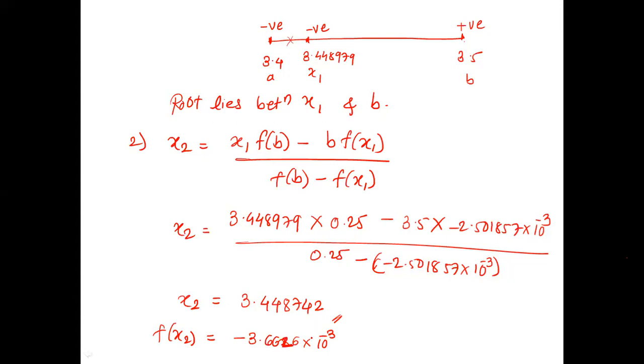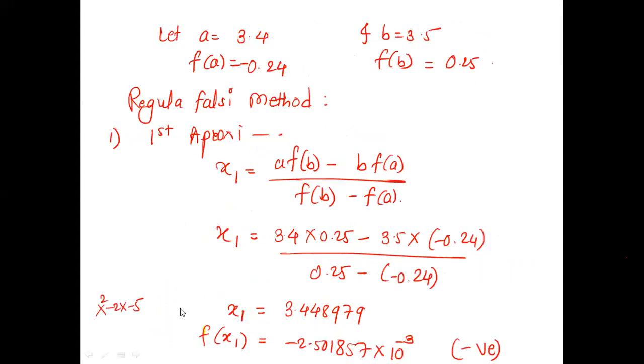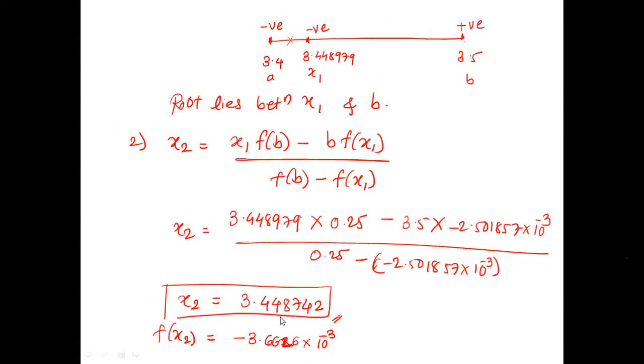Okay, so now we got x2, and this will be your root. So every time we need to check. First it was 3.4489, now it is 3.4487. But they have asked for up to 4 decimals, so the 8 has not matched.